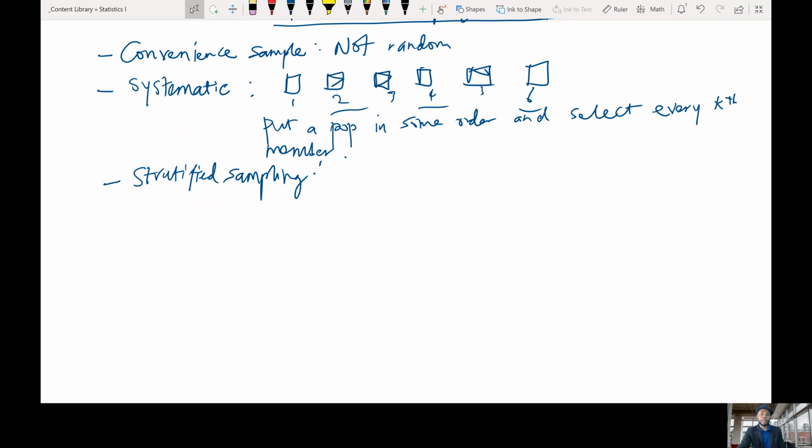Now for stratified sampling, what we want to do is break our population into subgroups based on a characteristic. So we break the population into subgroups based on the characteristics.